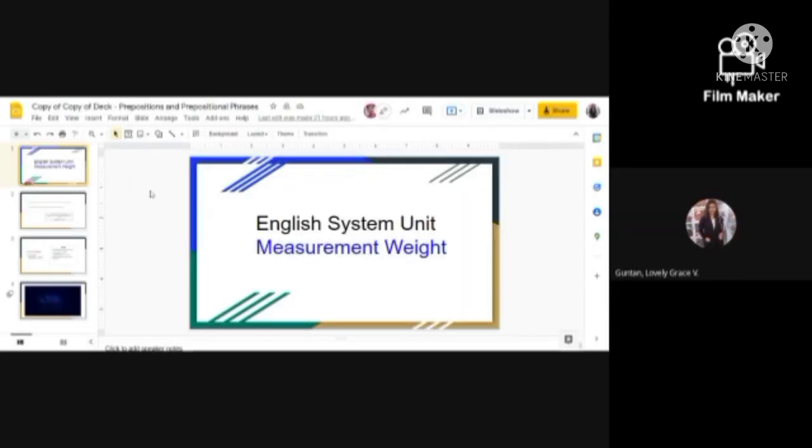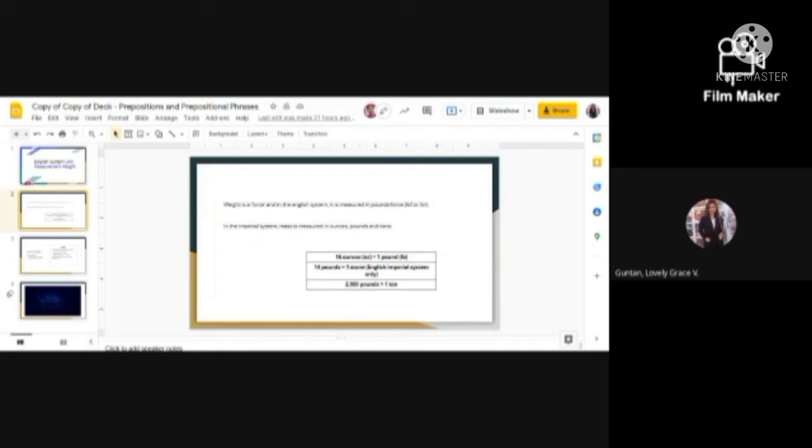Good morning, everyone. We are Group 3, and our topic for this morning is the English System of Unit Measurement: Weight. Weight is a force, and in the English system, it is measured in pounds force.